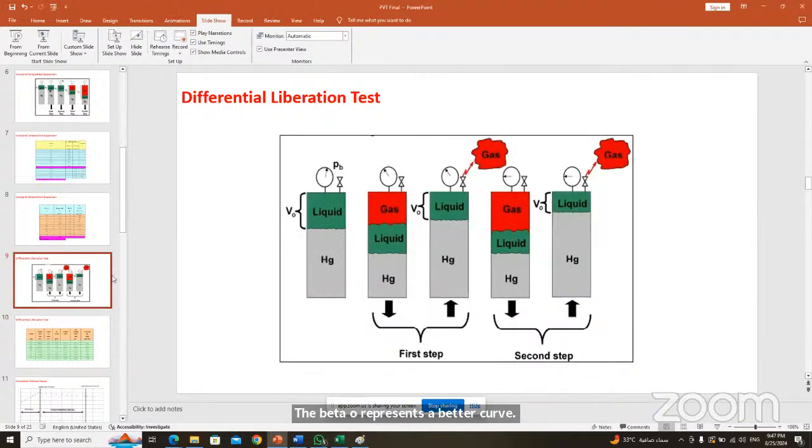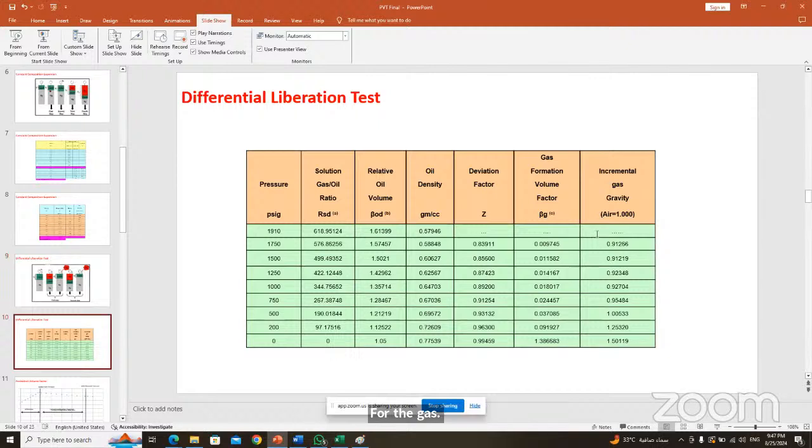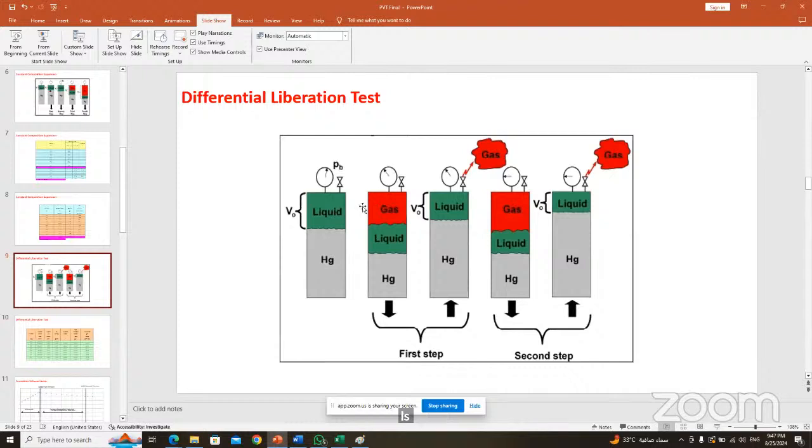For the gas, you measure the gas volume that's liberated, and you sum your gas at the end, so you have your total GOR. If I removed a certain volume of gas at this point and another volume of gas at that point, and keep counting, I can calculate the amount of gas that has been dissolved in the oil.